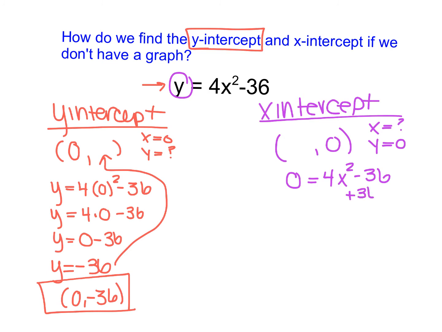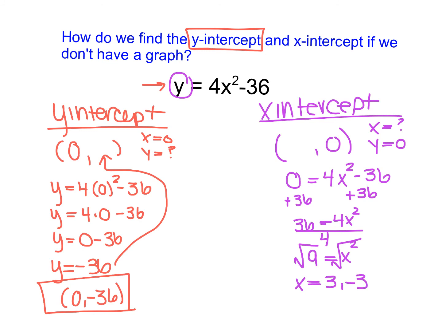So I'm going to get that x squared by itself, divide both sides by 4. So I end up with 9 is equal to x squared. So if I square root 9, I know that there are two numbers that when squared give me 9. So I know that there are two possible answers for x. x could be equal to 3, or x could be equal to negative 3.